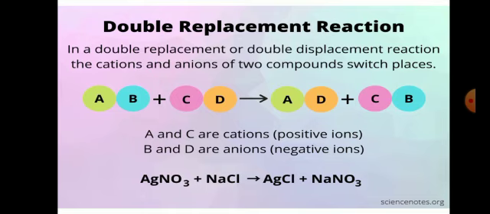This type of chemical reaction is similar to your displacement reaction, but the only difference is that displacement takes place two times in a double displacement reaction.